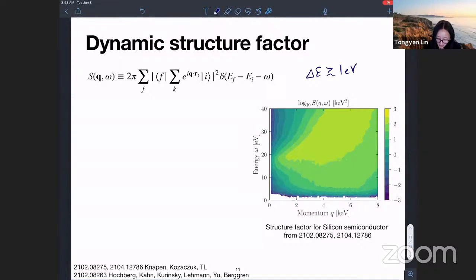And if we were to draw that parabola for dark matter scattering, it would look something like this. You're still not quite reaching the most optimal part of the structure factor, but you are doing a lot better with a semiconductor down here.